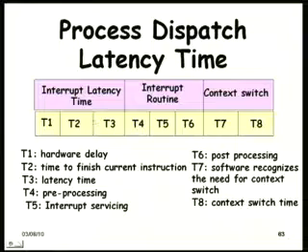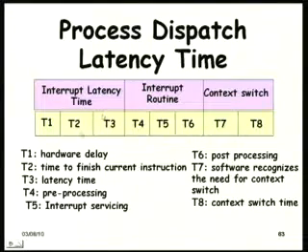So, if we see here the different components of the process dispatch latency time, you will see that there are three components. One is the interrupt latency time, and then interrupt routine execution, and then the context switch.